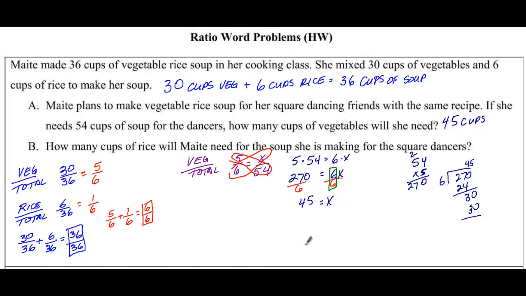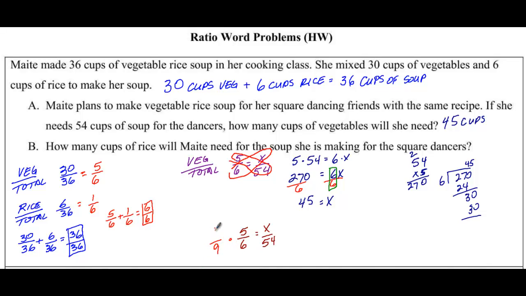Now, there's another way to solve it. So we know 45 is the answer that we should be getting. And the other way to solve it is to say, all right, go back to that ratio we had, 5 to 6 equals x to 54, and ask yourself, is there a big 1 that you could use? Is there a number that you could multiply by 6 to get 54? And there is.